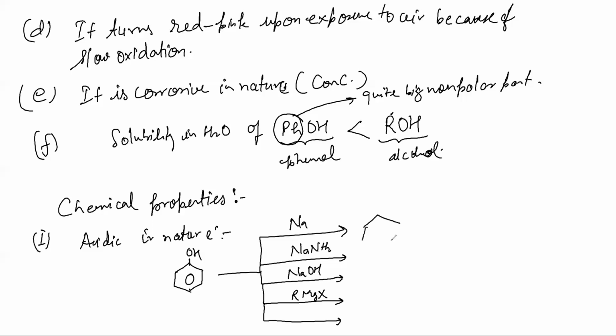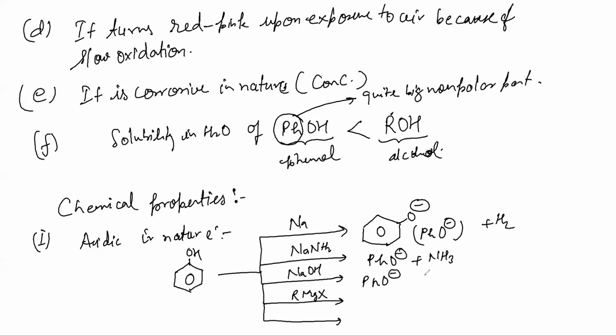In all these four cases, you are going to get this PhO minus. If you want to write Na here, you can write, no problem. Plus H2. PhO minus plus NH3. PhO minus plus H2O.